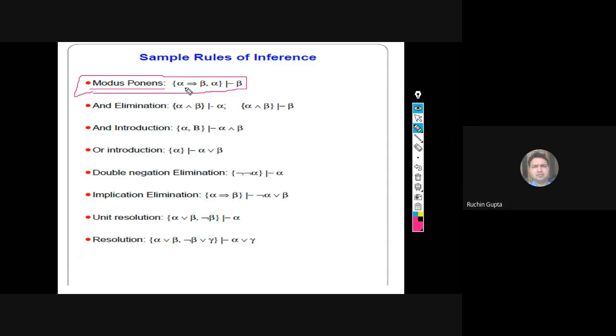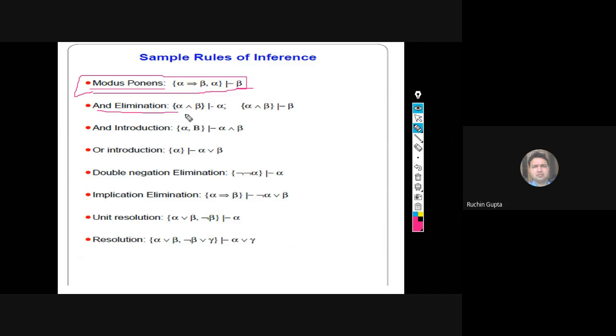If you have alpha implies beta, which is true, and alpha is true, then it will infer that beta will also be true. That is known as the modus ponens rule. This rule is applicable many times when we derive new facts from the knowledge base.